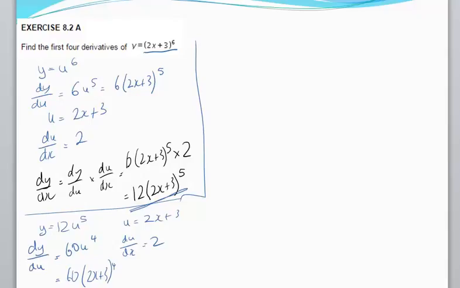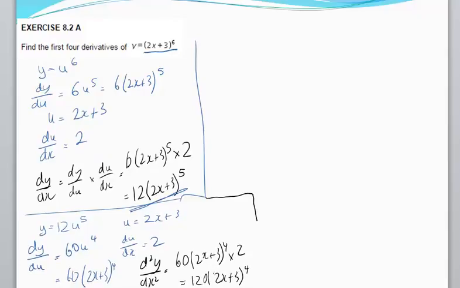So writing this out, d squared y on dx squared is going to be 60 times 2x plus 3 to the power of 4 multiplied by 2, which gives us 120 times 2x plus 3 to the power of 4 for our second derivative. Looking at our third derivative now, we're using this equation.